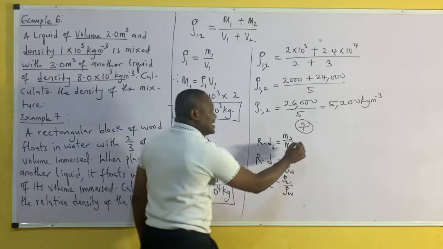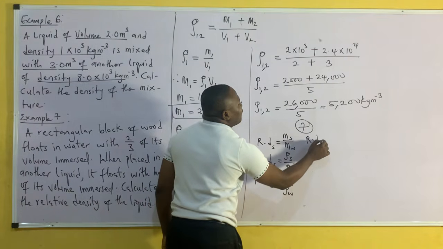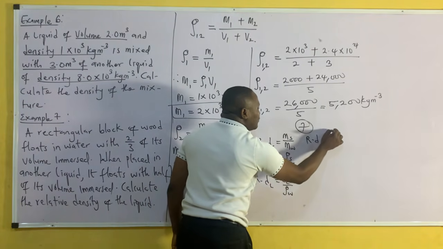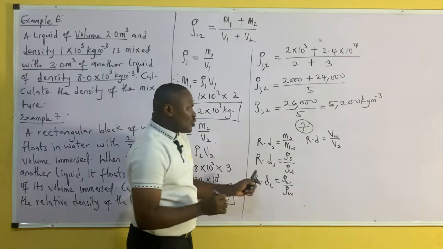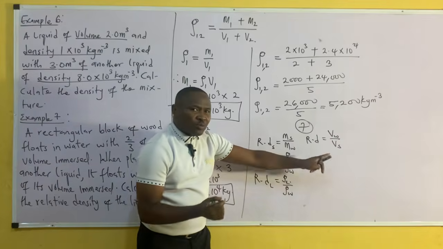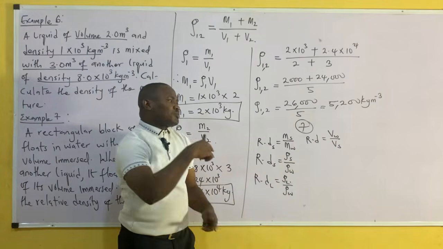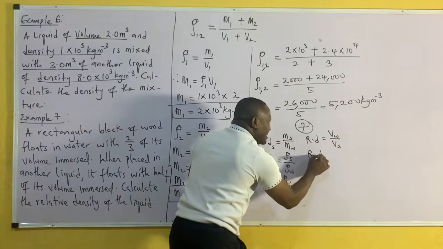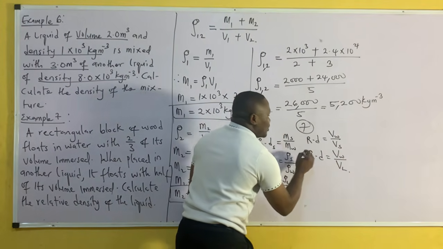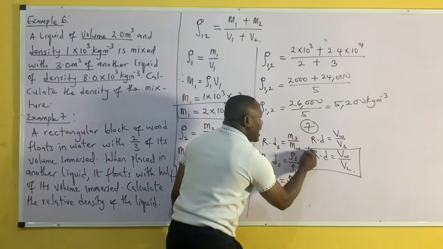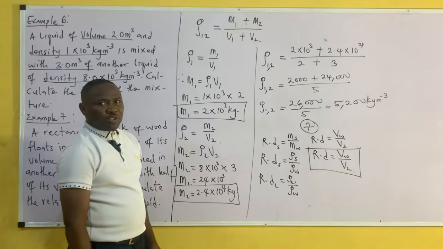We now said relative density in terms of volume will be equal to volume in water over volume of the solid. So you see that in terms of volume, it is turned. It can be relative density is volume in water over volume in liquid. So this is what I will use to solve this question.